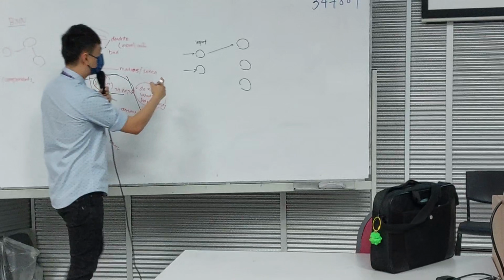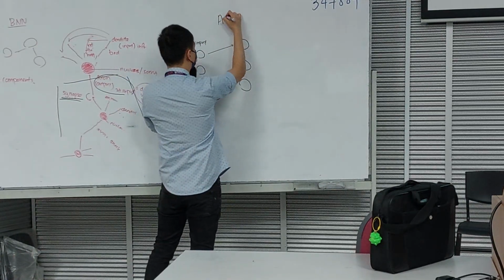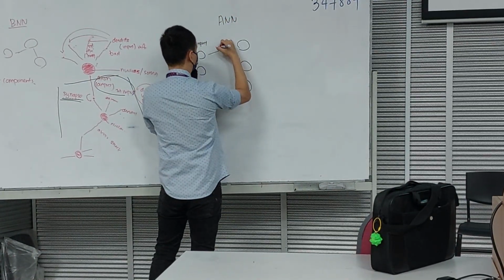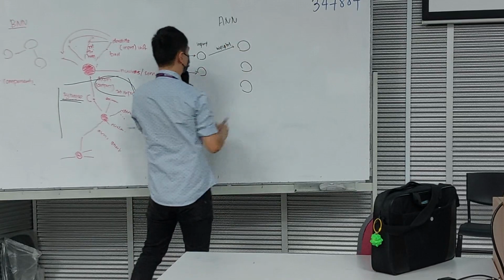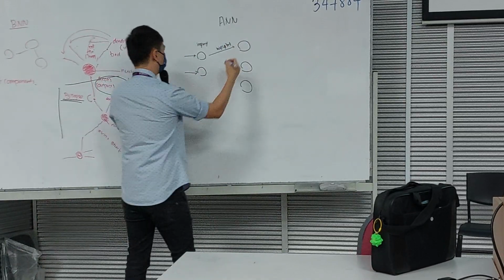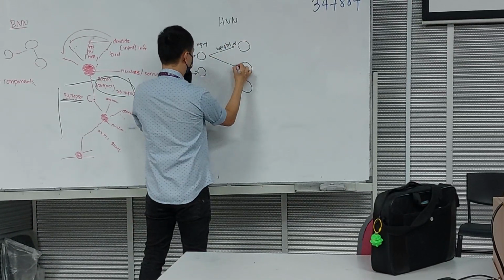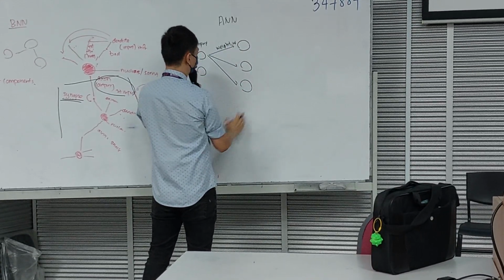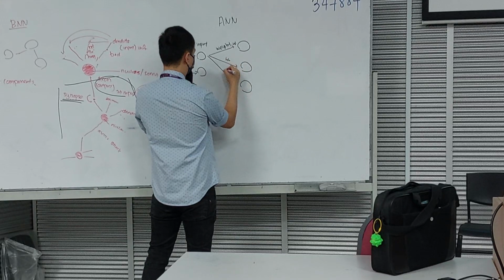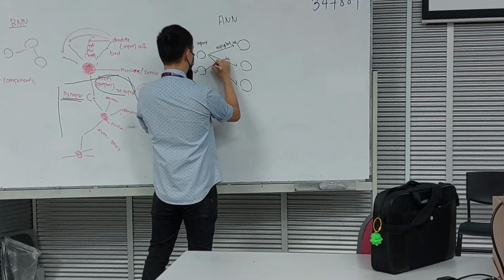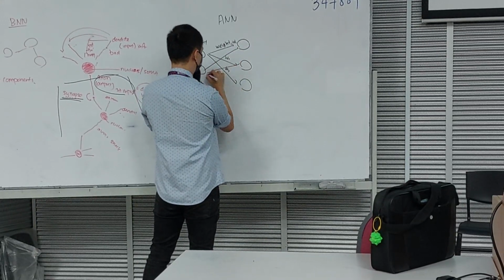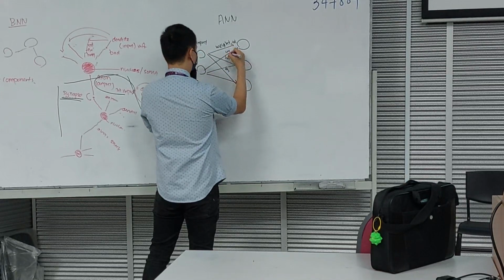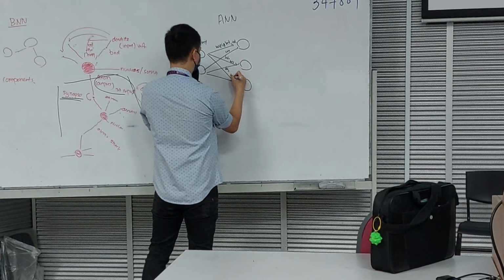The synapse in artificial neural networks is known as the weight, or W. There will be a lot of Ws. Assume that this is one neuron passed to another nucleus. So you have W2, you have W3. This one also passes to here, this one also passes to here. You have W4, W5, W6.